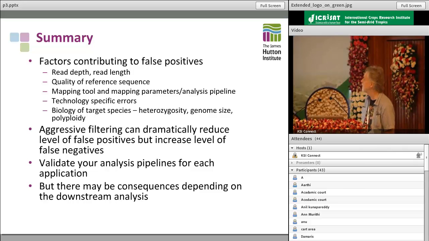You've got to be careful of technology-specific errors, and you can build that into your pipelines. You need to think a lot about the biology of the target species you're working with. The worst-case scenarios are things which are highly heterozygous, things which have a very large genome size, and things which are polyploid. Unfortunately, you can get things which are combinations of these, which can be something of an issue.